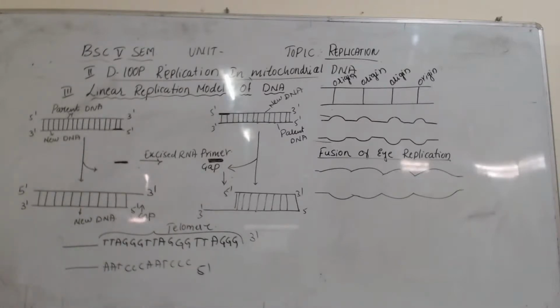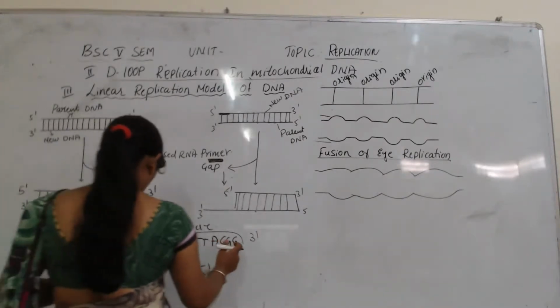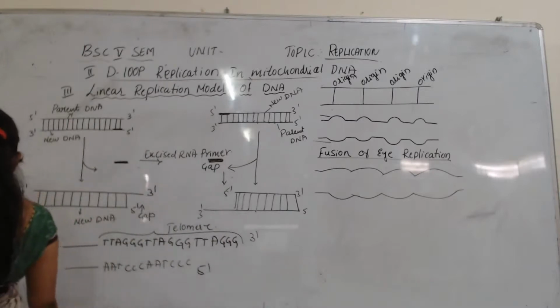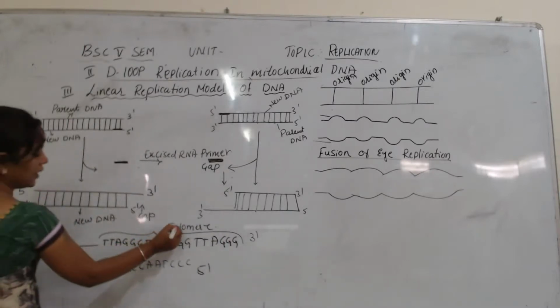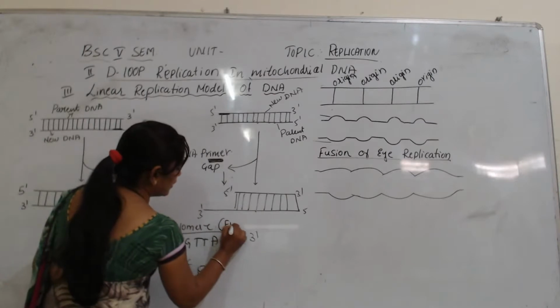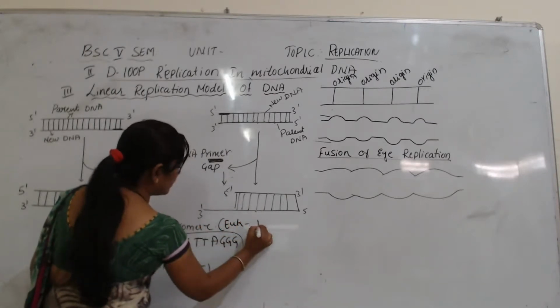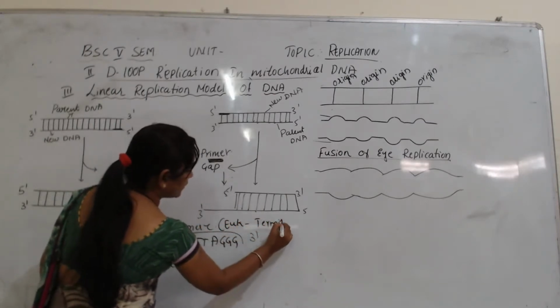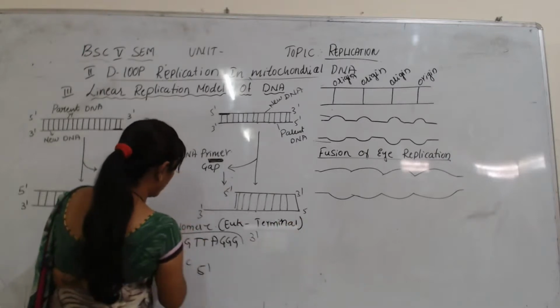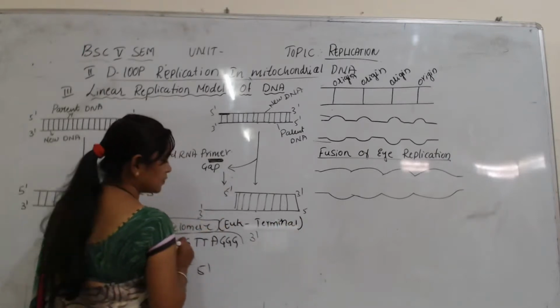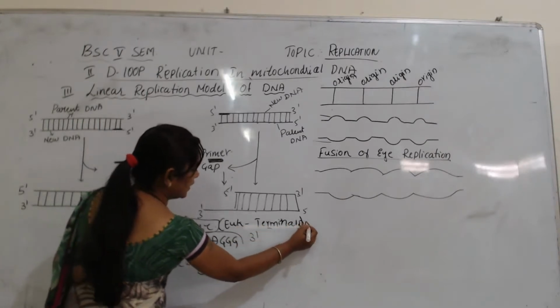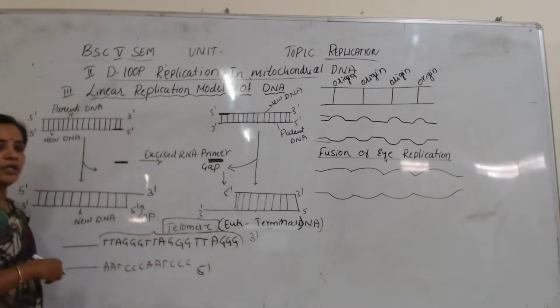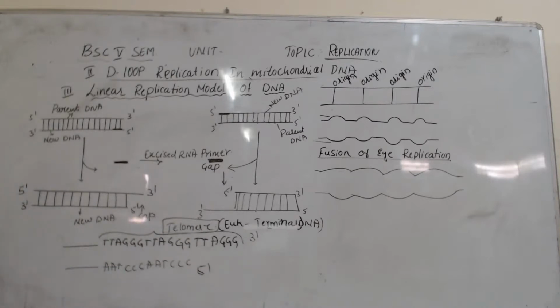In eukaryotes, the terminal end of the DNA is called the telomere. Telomere means terminal DNA. The telomere contains 6 nucleotides, TTAGGG, and think of this as an RNA template.